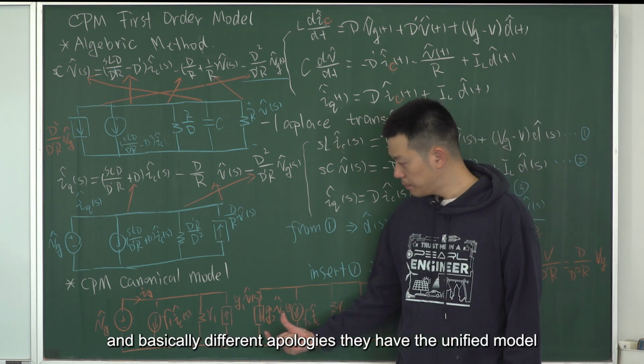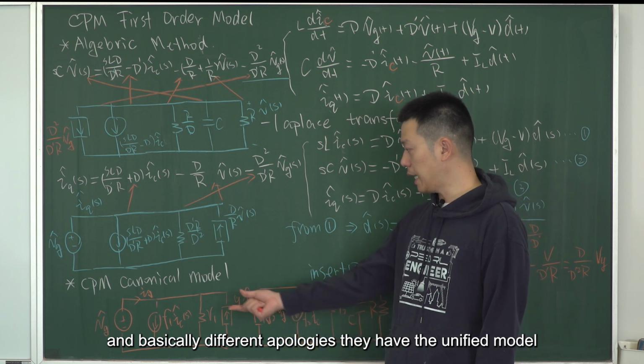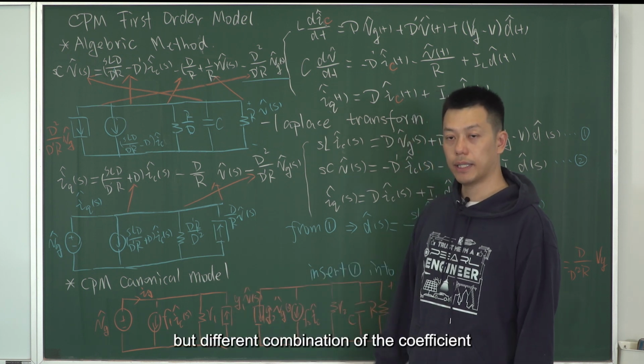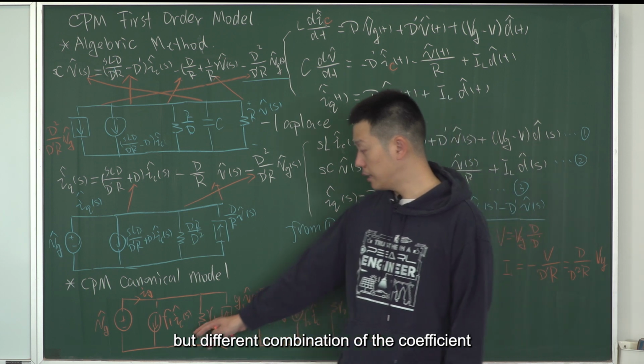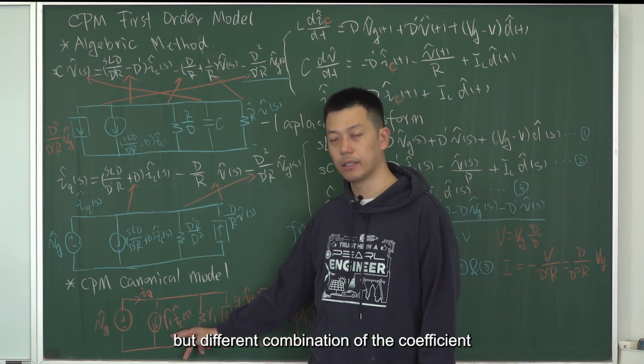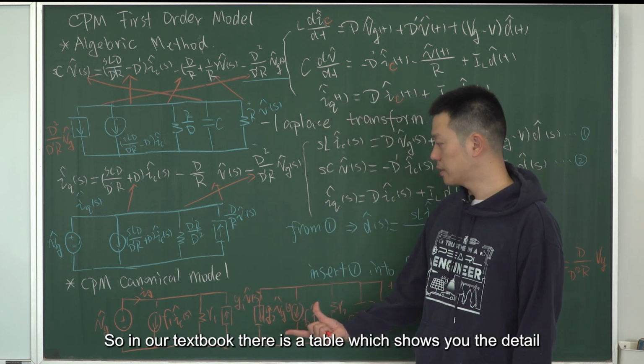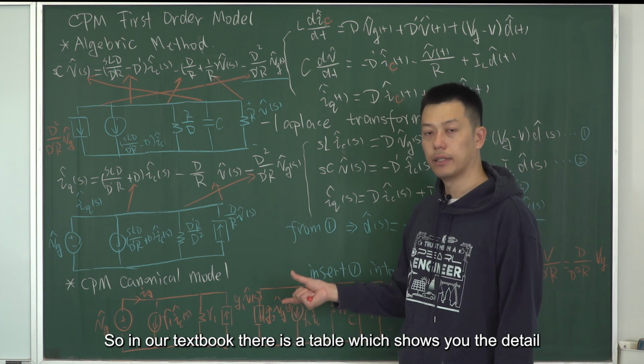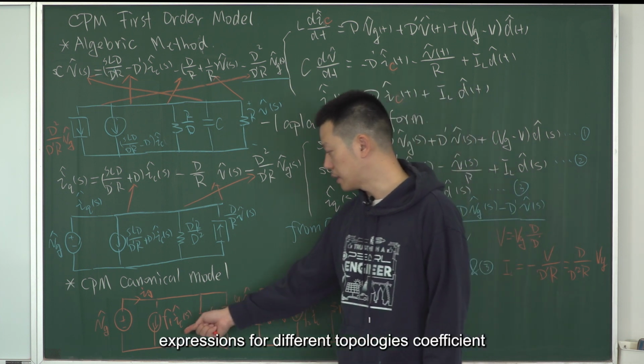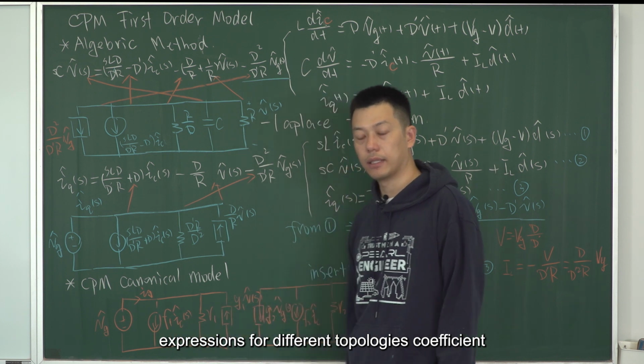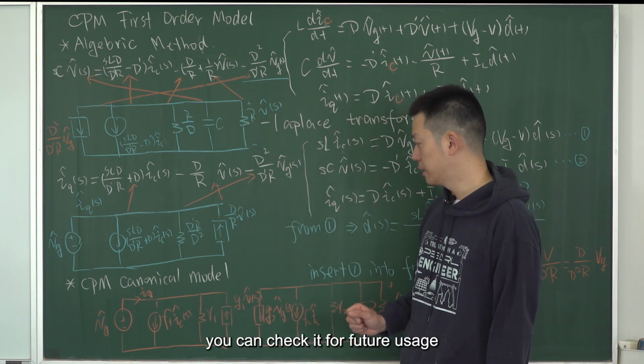And basically, different topologies have the unified model, but different combinations of the coefficients. So in our textbooks, there is a table which shows you the detailed expressions for the different topologies' coefficients. You can check it for future usage.